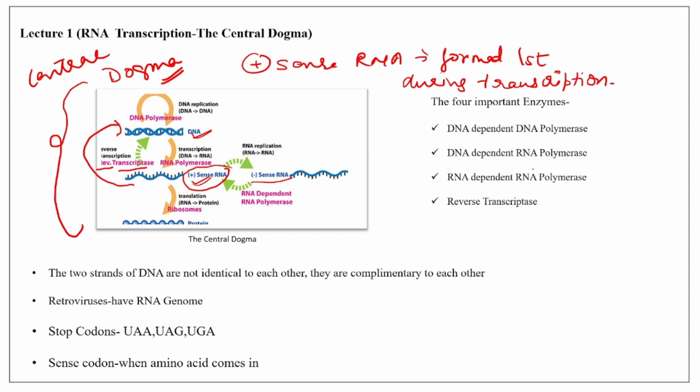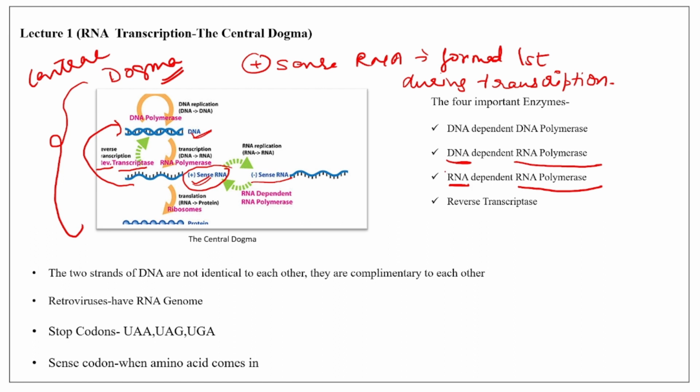Then there are 2 RNA polymerases. But what is the difference in the functioning of these 2 RNA polymerases? These both are RNA polymerase only, but the first one is DNA dependent, the second one is RNA dependent.